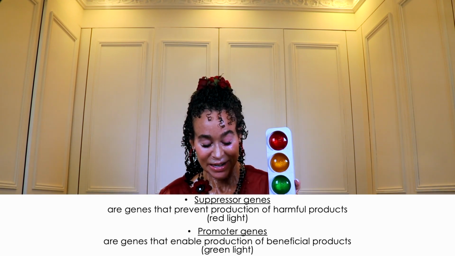They're the green light. This interplay between suppressor and promoter genes exists with both hereditary and non-hereditary breast cancers. What differs is the origin of the loss of control that results in cancer.